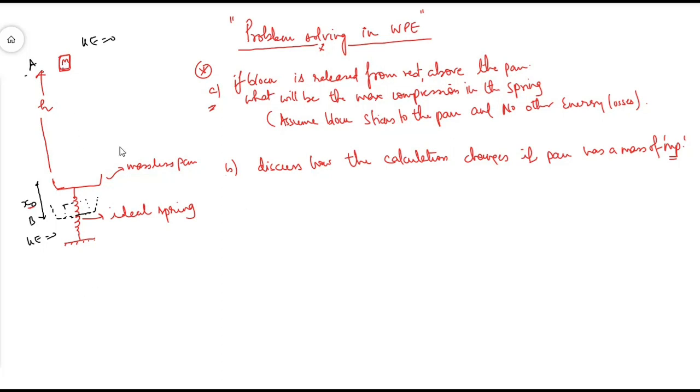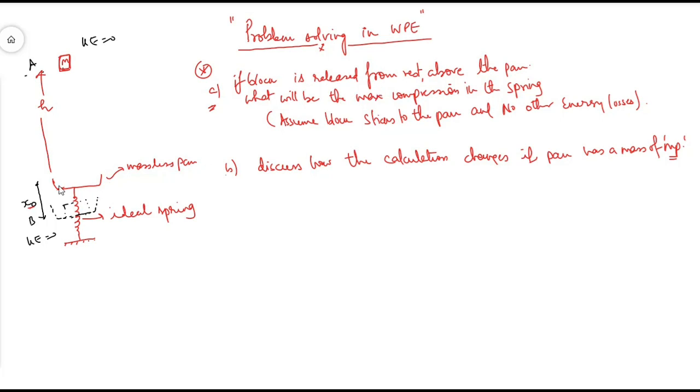Now we have two masses: this block and the pan having mass m p, so it's no longer massless. If this block comes from here to here, it undergoes a change in potential energy of mg(h plus x naught), which has the same form as the previous one.